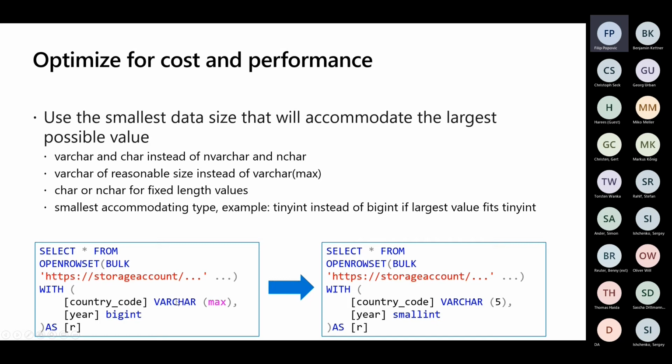We had a lot of customers complaining, hey, I need to specify the length of the character column. Why? Basically the left-hand side will perform slower than the right-hand side. If your value is small, keep your length small. That was the rule, basically the first best practice that we checked whenever we were debugging or troubleshooting performance problems.